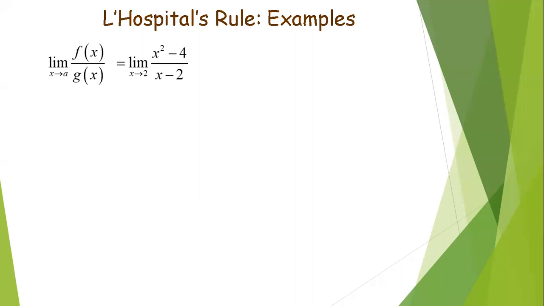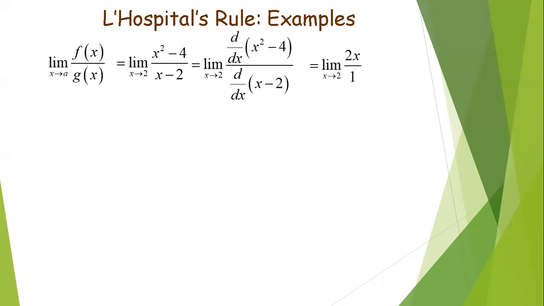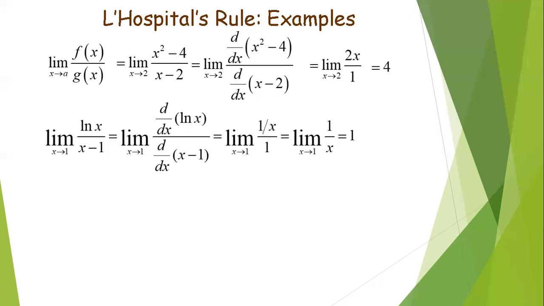For example, we have the limit as x approaches 2 of x squared minus 4 over x minus 2. The limit as x approaches 2 of the derivative of x squared minus 4 over the derivative of x minus 2. We get the limit as x approaches 2 of 2x over 1, which equals 4.